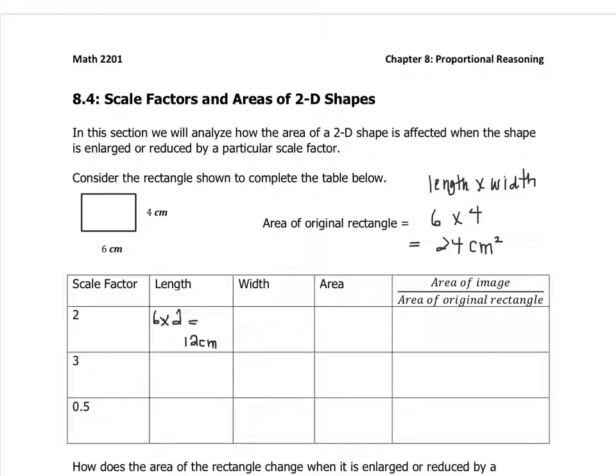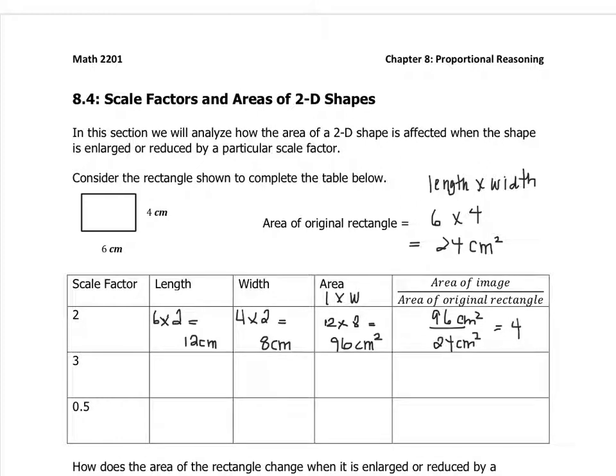Our new width would be 4 times 2, which is 8 centimeters, which means our new area, which is length times width, would be 12 times 8, or 96 centimeters squared. So if we take the area of the image, which is 96 centimeters squared, over the area of the original, which was 24 centimeters squared, that's equal to 4.